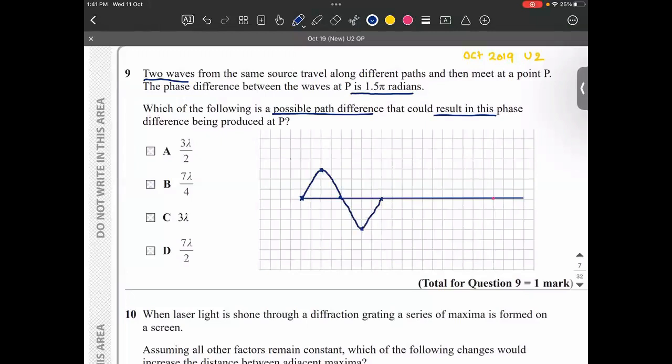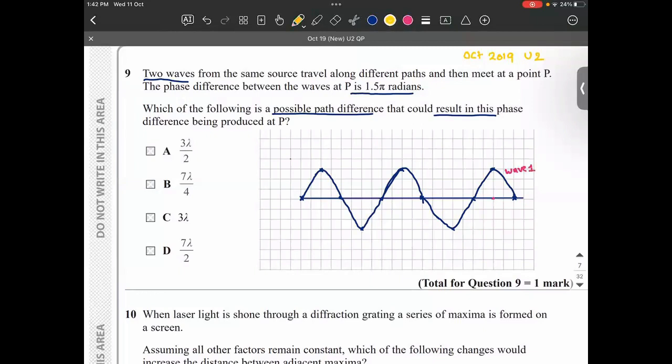So I'm just completing two more cycles. So here, this is our wave number one.